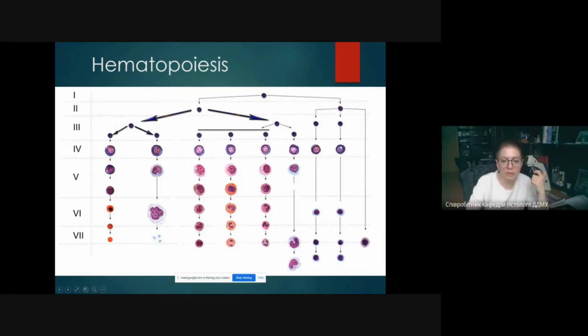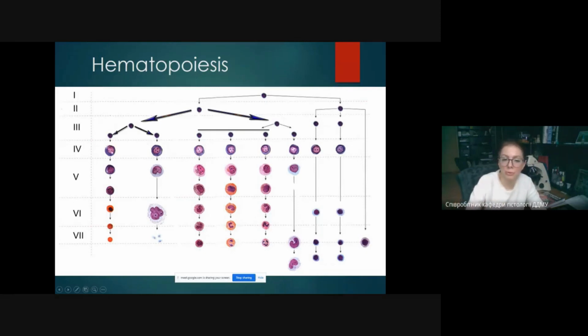The fourth class is called blast cells and precursor cells. These cells differ from previous classes, but they are similar to one another. They are called blast cells, and this name helps us to distinguish the cells of this class.